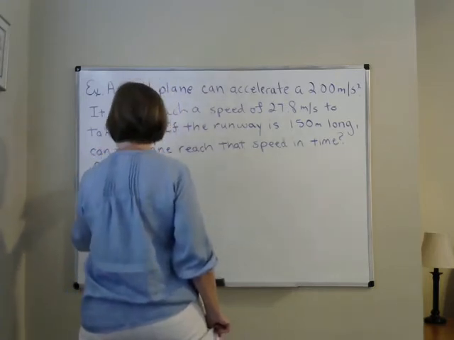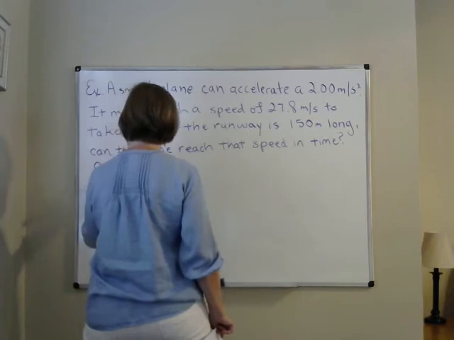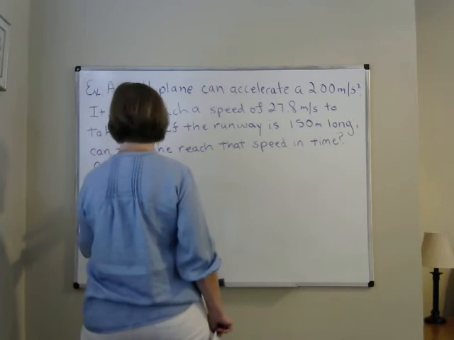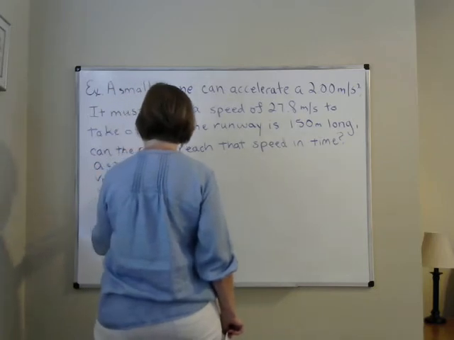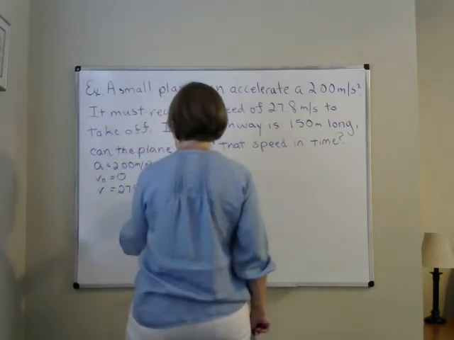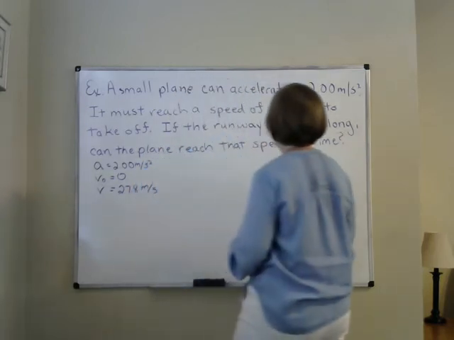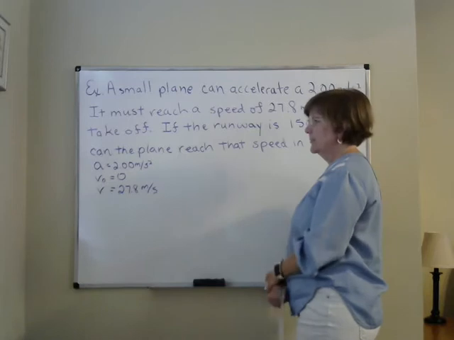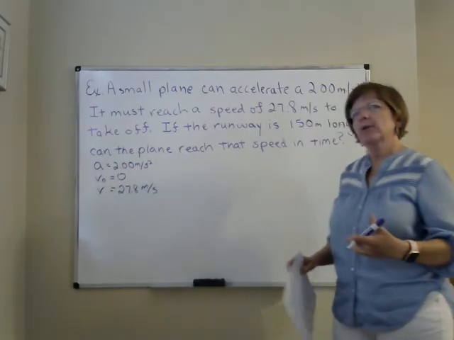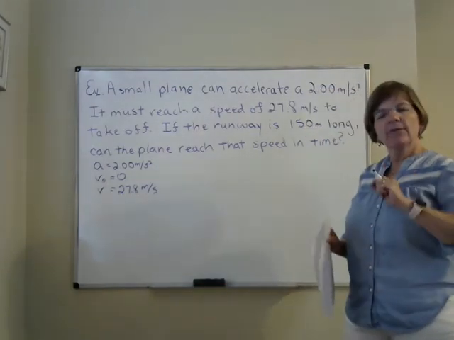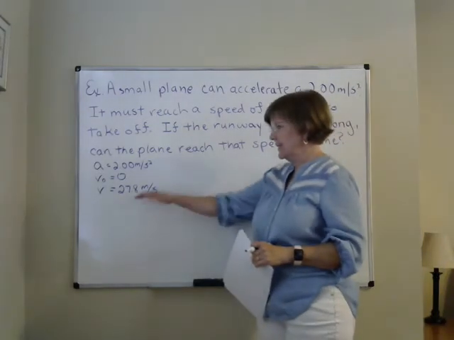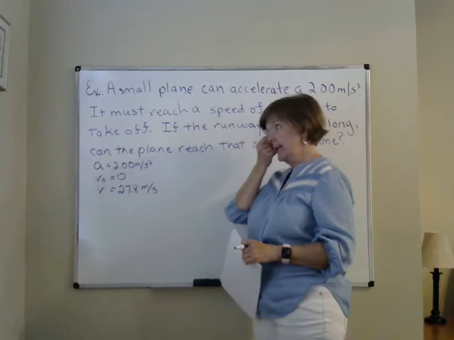We know that the initial velocity would be 0, and we need that final velocity to be 27.8 meters per second. We also know that the runway is 150 meters long, but what we don't know is how far that plane is going to travel before it reaches 27.8 meters per second.